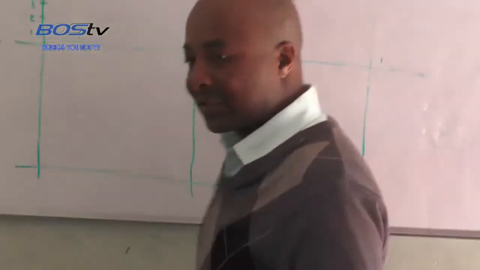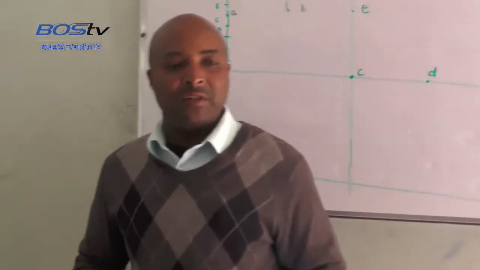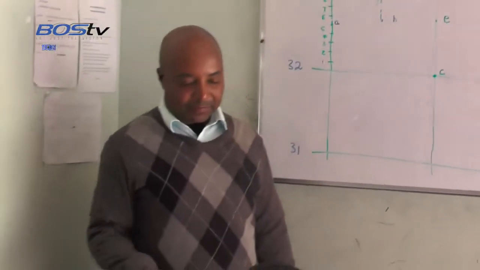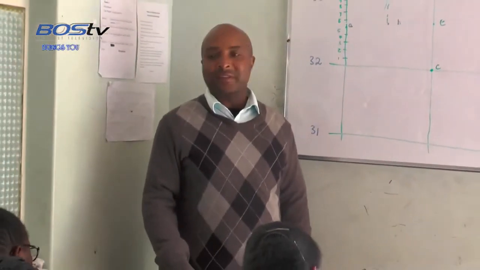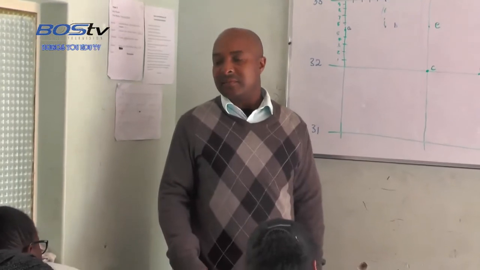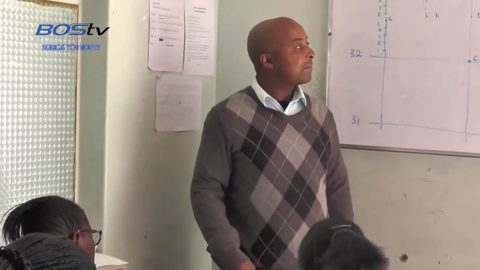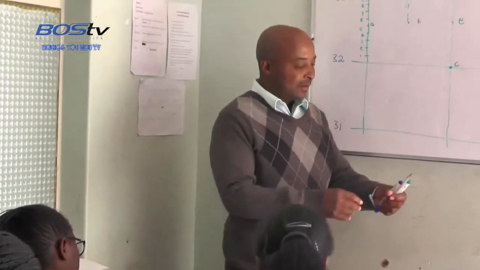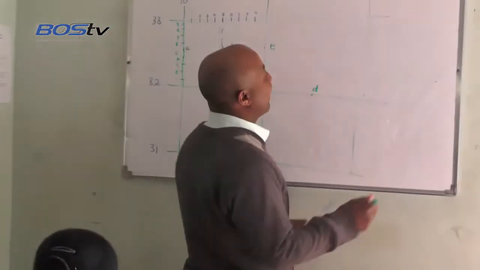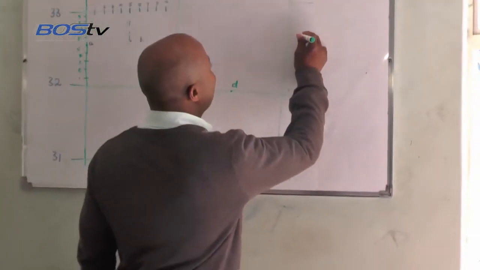Now let's listen up. Can you just swap your books so that we check one or two things? Right, this time I want you to be more active than me.